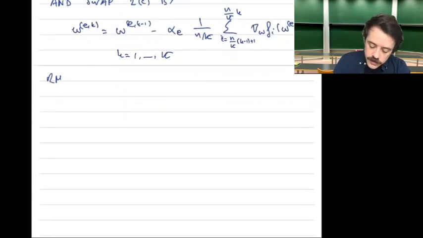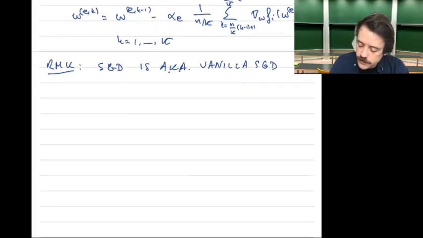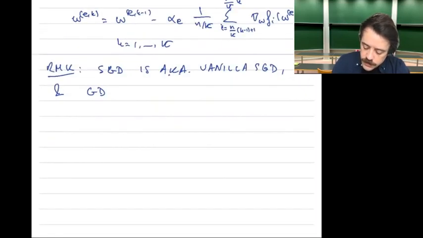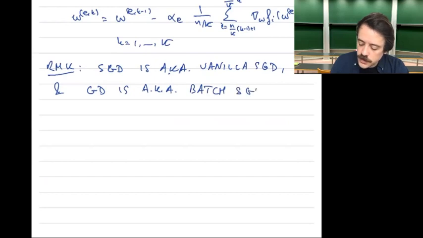Let me just, for terminology, say that SGD is also known as vanilla SGD, and gradient descent is also known as batch SGD.